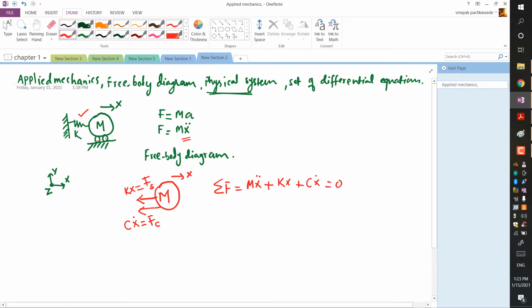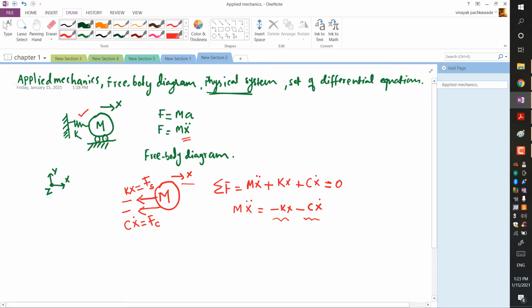We can also write m x double dot equals minus kx minus c x dot. Why? Because these two forces oppose the force acting on the body. You see the direction over here, the body is moving in this direction. That's how we get this expression, and it is equal to 0 because there is no external force on the body. Let's say we are not applying any external force.